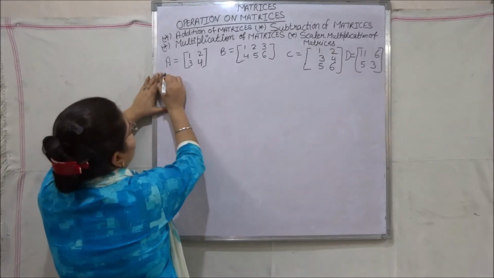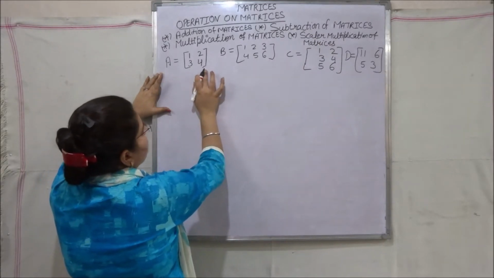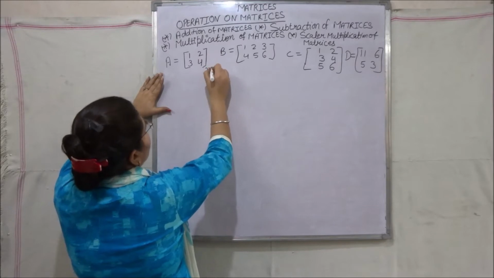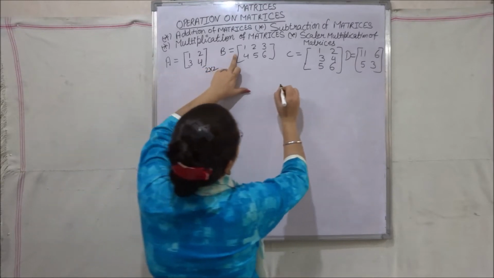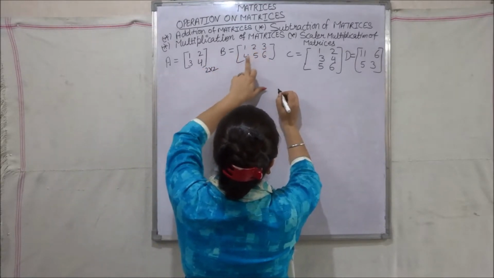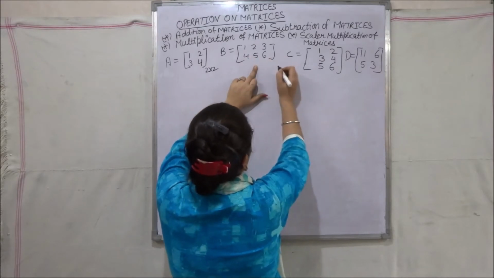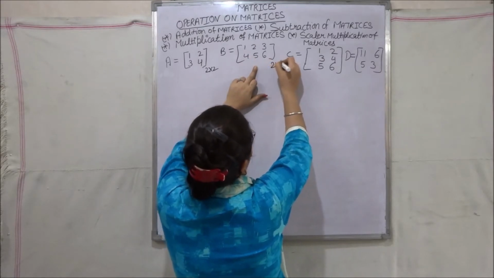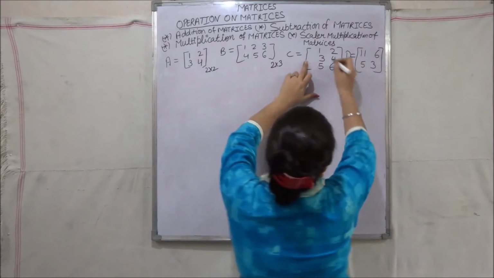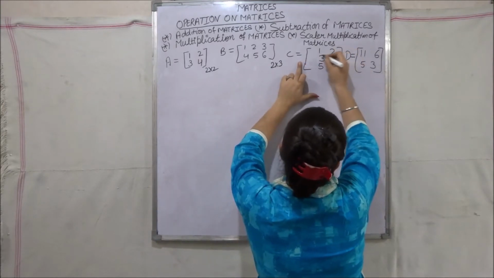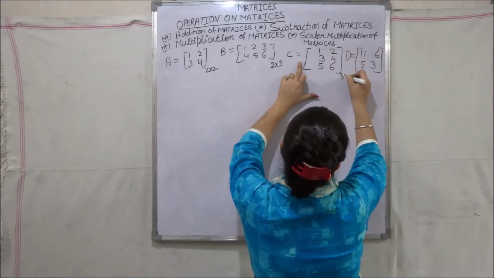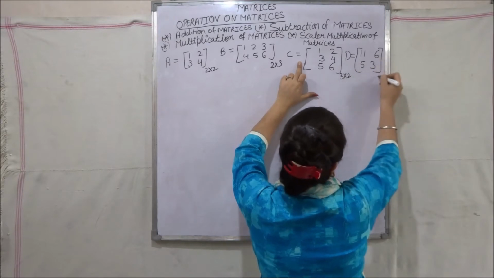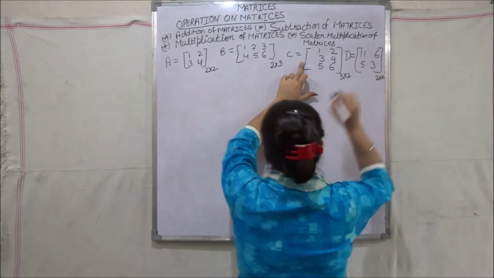So our matrix A is 1, 2, 3, 4. It is of order 2 cross 2, and matrix B is 1, 2, 3, 4, 5, 6. It is of order 2 cross 3. Matrix C is of order 3 cross 2, and matrix D is also of order 2 cross 2.